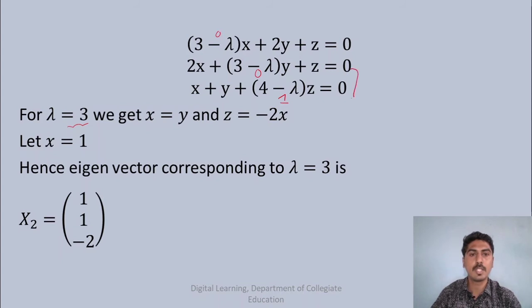Solving this equation, I get z equal to minus 2x, and substituting this equation here, I see that x equal to y. Suppose I take x equal to 1, I get the eigenvector corresponding to the eigenvalue lambda equal to 3 as (1, 1, minus 2).